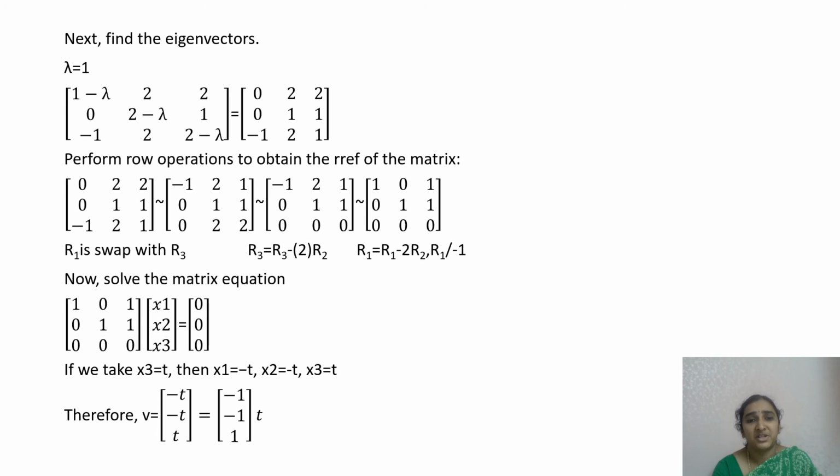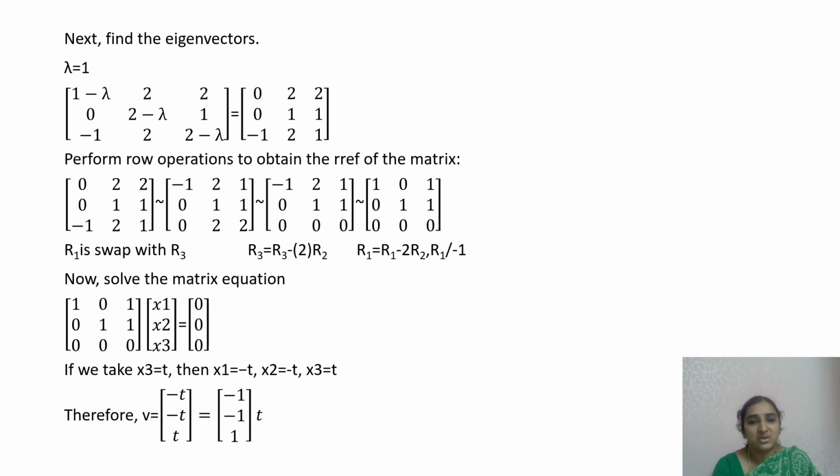Perform row operation R3 is equal to R3 minus 2R2, which would give us [-1 2 1; 0 1 1; 0 0 0]. Perform the operation R1 is equal to R1 minus 2R2 and divide R1 by minus 1, which would give us the matrix [1 0 1; 0 1 1; 0 0 0].